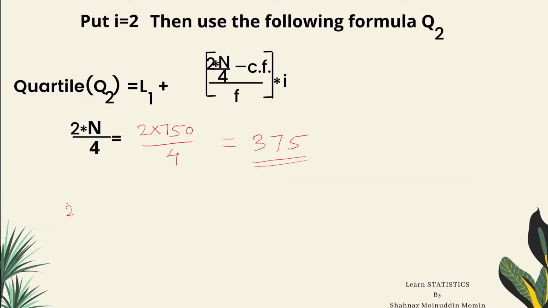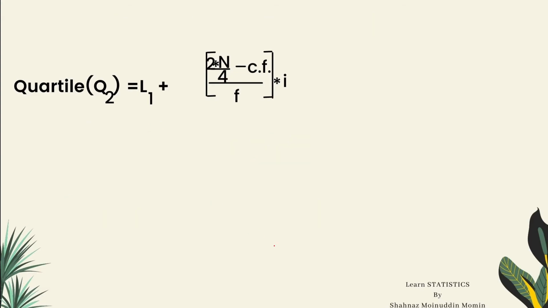Therefore, the second quartile class is 15 to 20. Here 15 is the lower limit of the second quartile class. Substitute all these values in the formula.